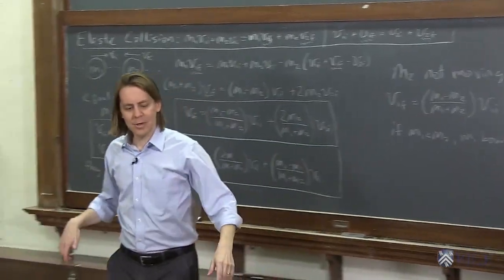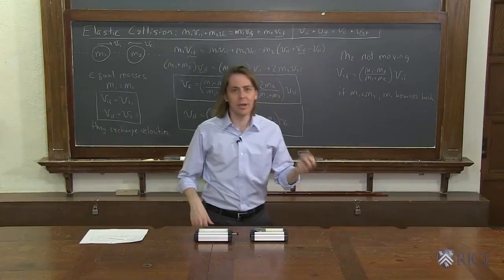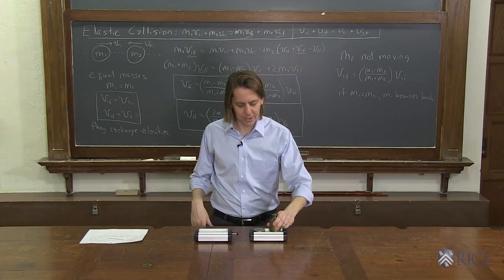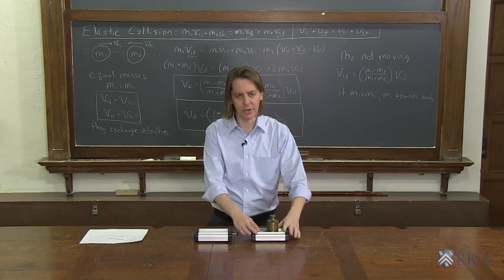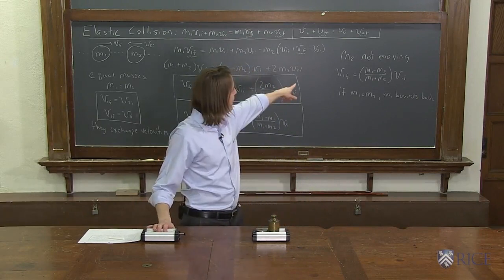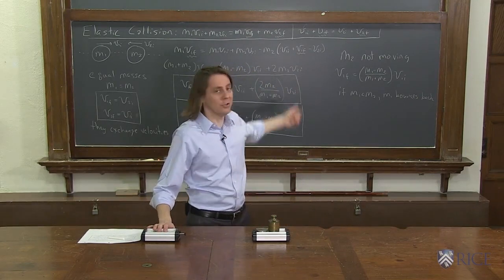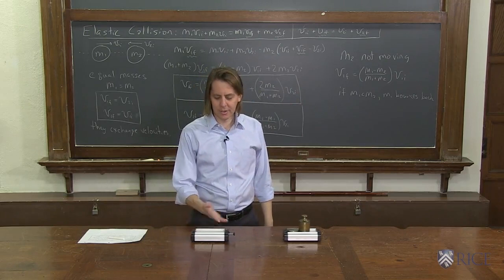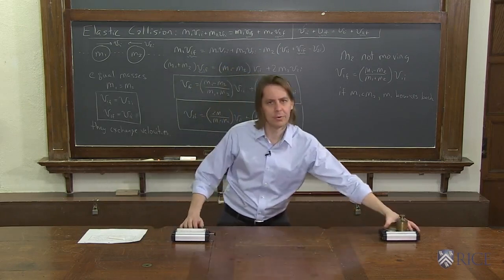But now let's make M2 heavier than M1. So now it's got a lot of extra weight on it. Now if I send in mass 1, that should be a negative number. V1F is going to be negative. It should bounce backwards. And there it goes, bounces backwards. This one goes forward.